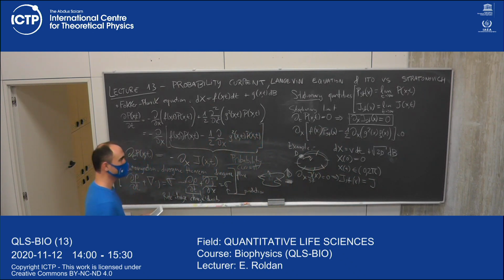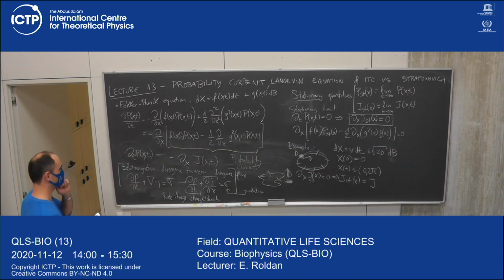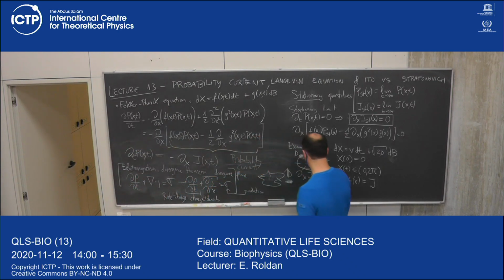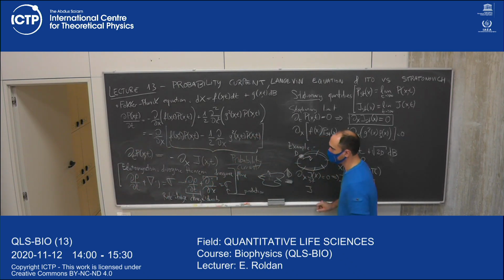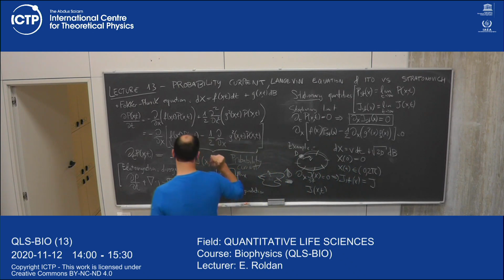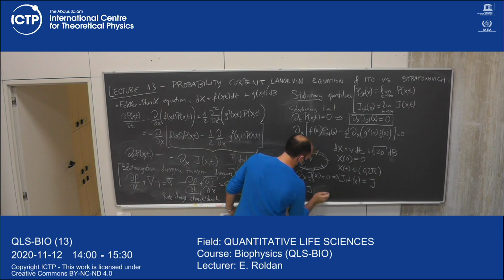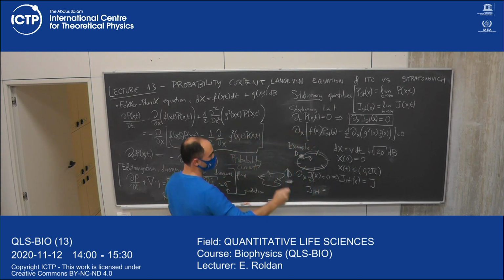Okay? And now what you can do also is to try to see what is the value of the current in this example. So you can come to the definition and say, okay, the current will be something like this: F times P. Let's do the stationary current. F times P. F now is this one.